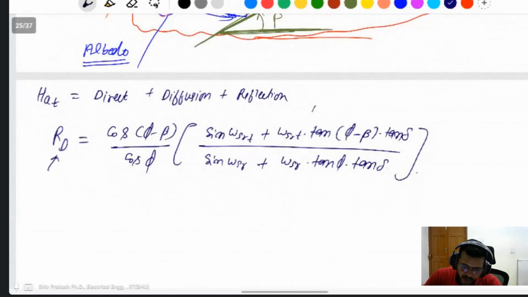This is the tilt angle and the tilt of the panel. Then what is the effect of this one?